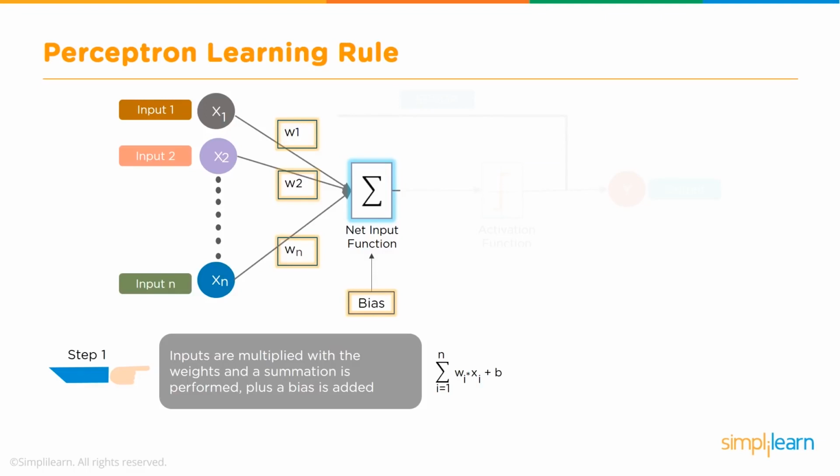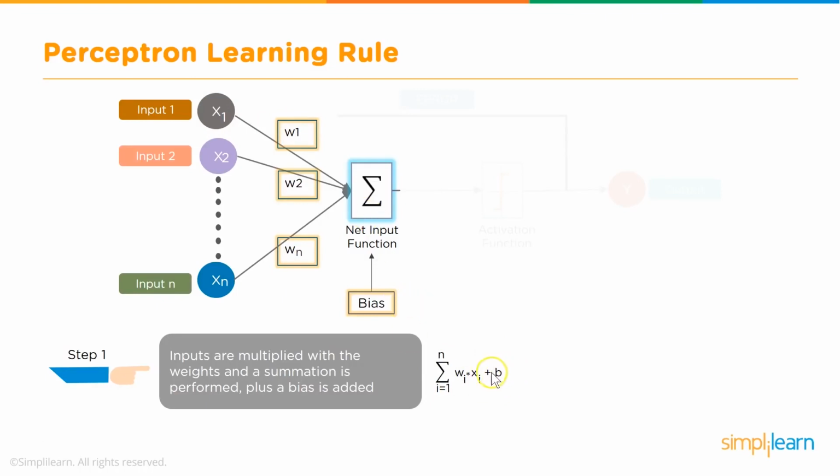The way it works is somewhat like this. You have all these inputs, x1 to xn, and each of these inputs is multiplied by a weight, and then that sum, this is the equation, the sigma of wi xi, which is the sum of all these products of x and w, is added up, and then a bias is added to that.